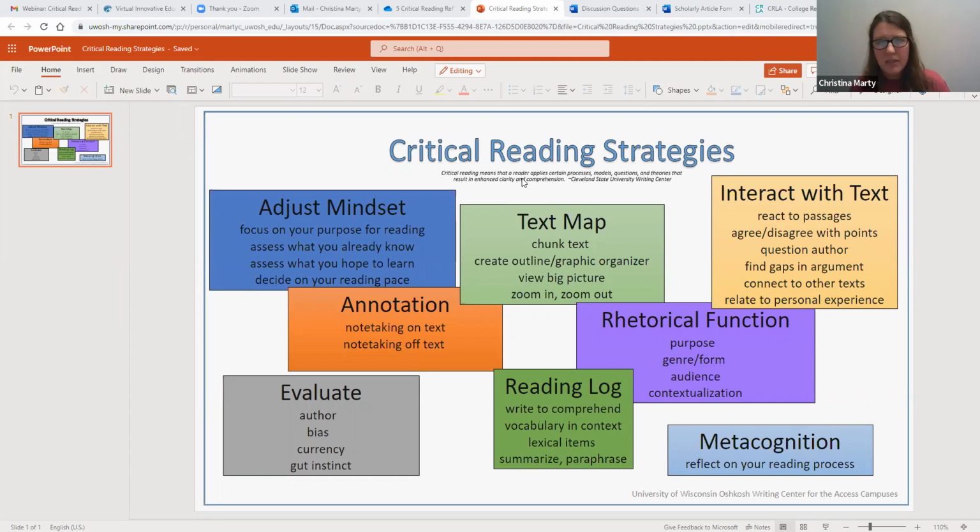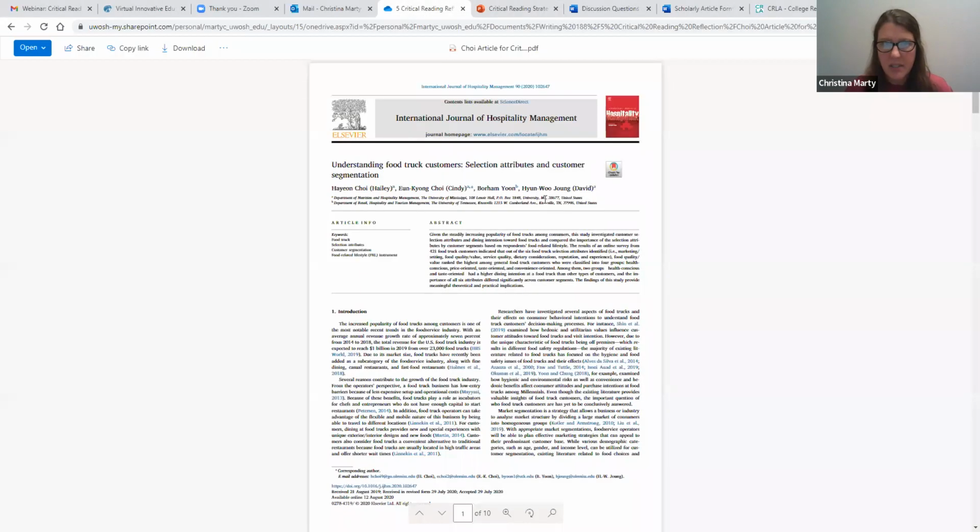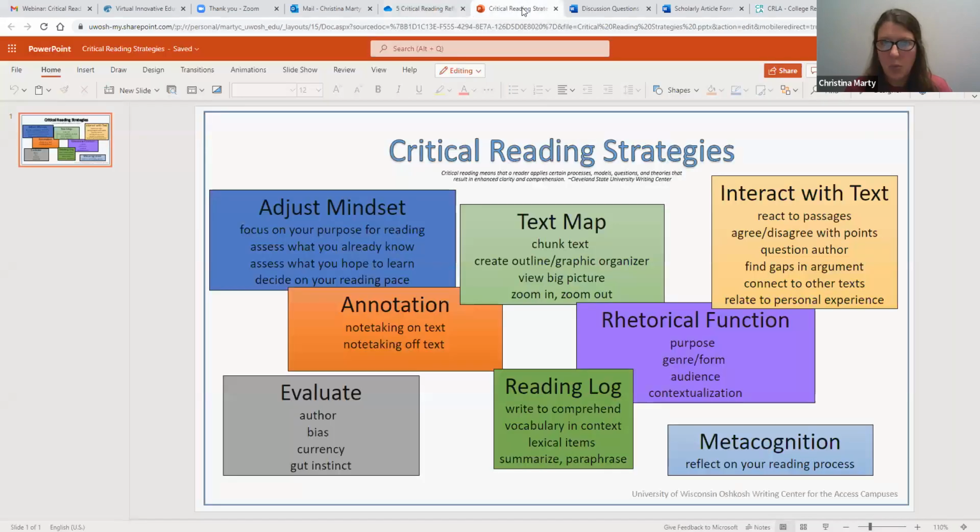I really only allow one, and I go through these strategies and then I assign the reflection. Then I might refer back to the strategies as they're using scholarly articles like this Choi article for sources. But really just one, maybe an hour to an hour and a half class period, depending on my class that semester and the length of my class time.